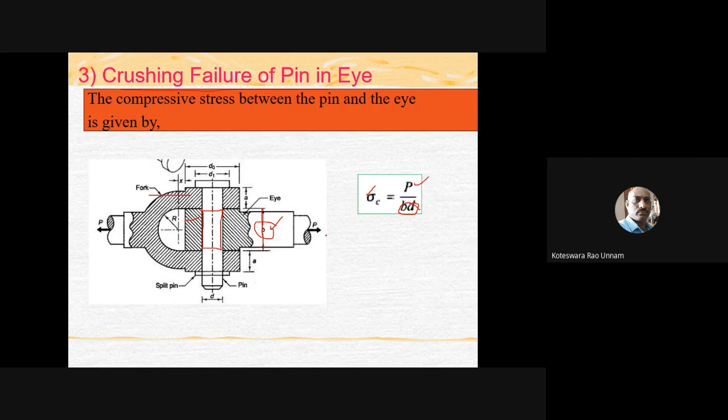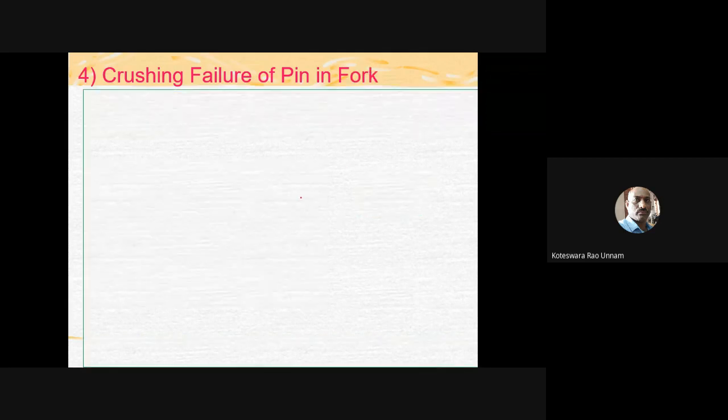The load applied is P, so P divided by B into D will give you the sigma C value. Based on the allowable crushing stress value, we can calculate this B value.